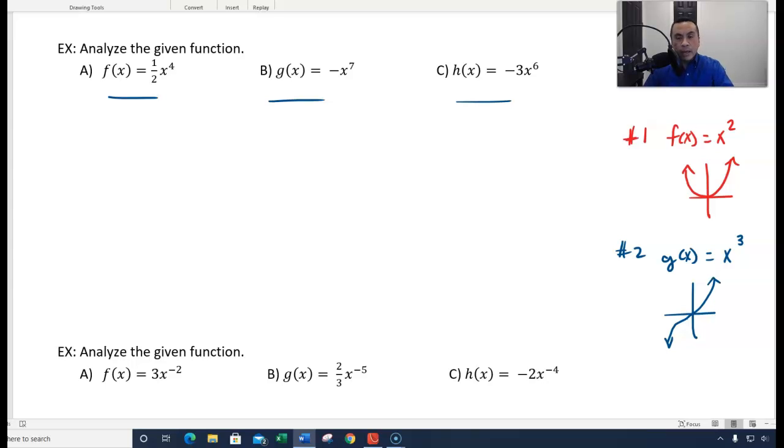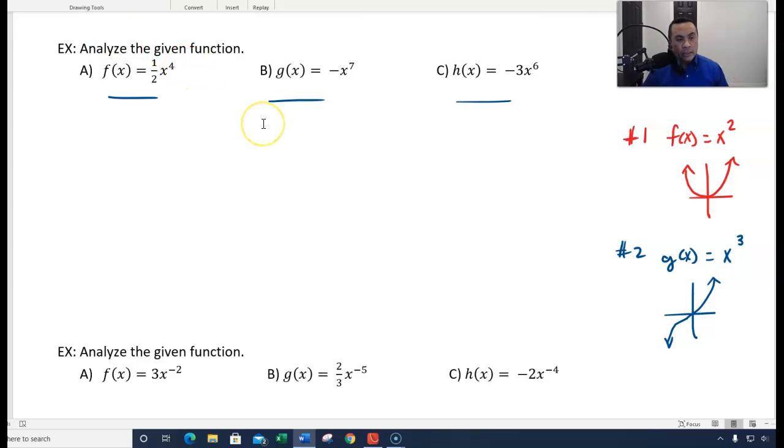So the end behavior for even-numbered exponents is going to go up and up, unless there's a reflection, a little negative in the front, in which case it's going to flip and go down and down. And for the odd-numbered exponents, it's going to go up on the right side and down on the left side. Or in other words, on the left side down and on the right side up. But if there's a negative in the front, it flips over and goes the other way. So that's what we're going to talk about here.